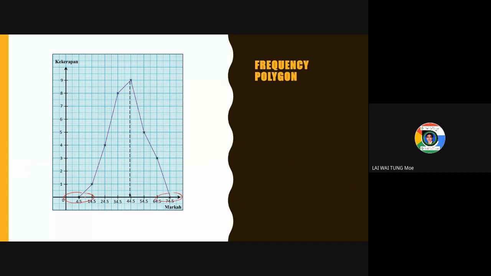You have to find it yourself for a class interval before the first class and also one class after the last class interval, with the frequency 0, so that you get these 2 points. If not, your frequency polygon will just hang in the air.